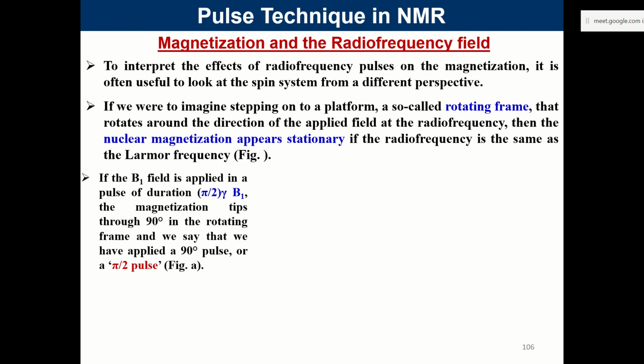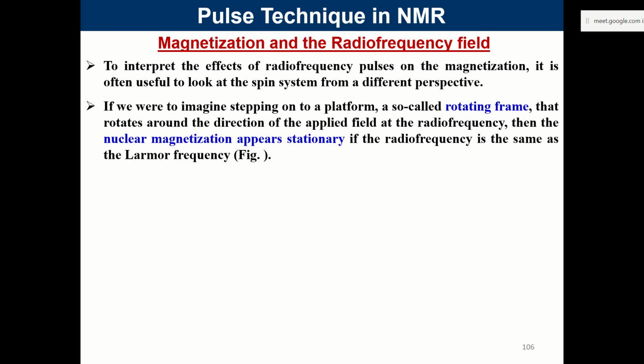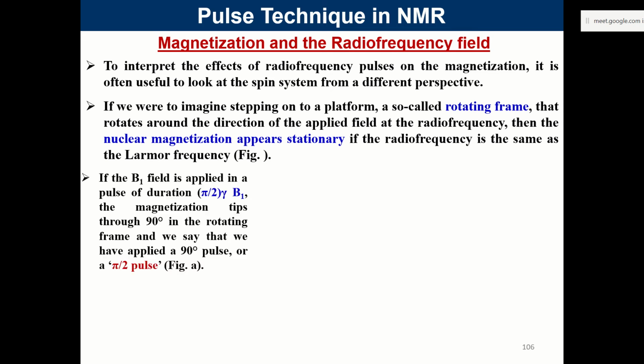Now we are talking about the pulse, and we should also understand the time duration of the pulse, and how we talk about the different types of pulses applied in such a system.